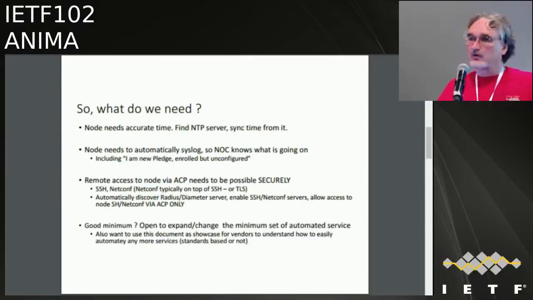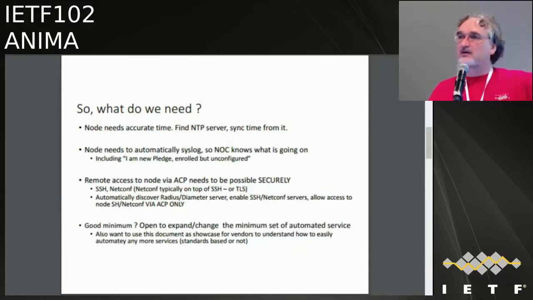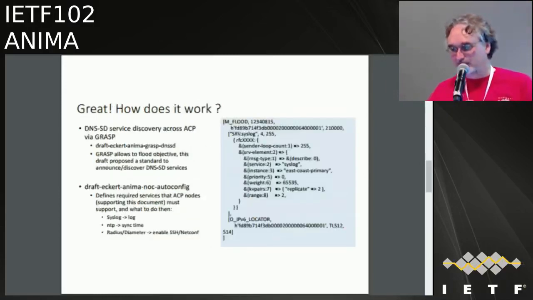So what we want the NOC to announce are the authentication servers. As soon as the ACP device discovers authentication servers, it can start these remote access control mechanisms like SSH, NETCONF, and if somebody tries to log in through them, ask the authentication server, okay, here are the credentials, what can this instance do? Right, so hopefully this is a good minimum starting point. Any changes, extensions, obviously more than welcome.